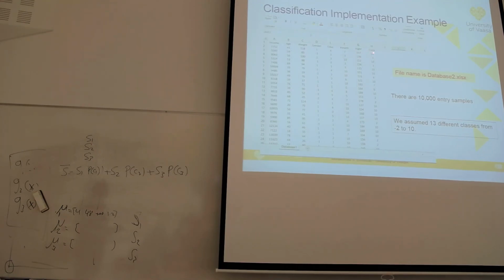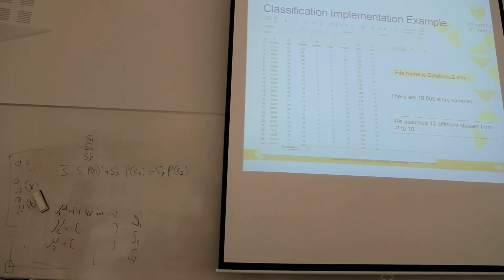And then we have the classes of the health. So 10 means something, 9 means something, 8 means something. So it is related to the health, but every class means something in the health record. Okay, and we actually have 10,000 entries in the data, and we assumed 13 different classes from -2 till 10.